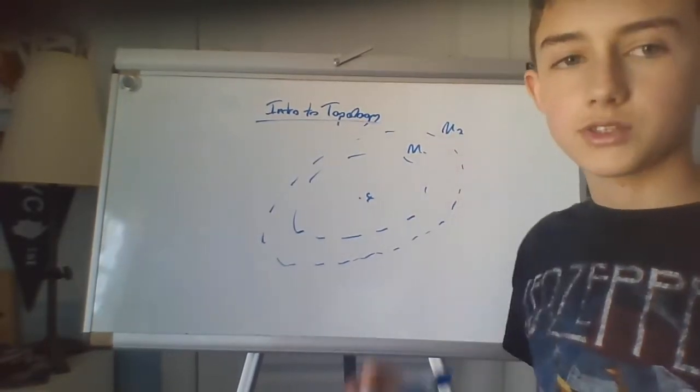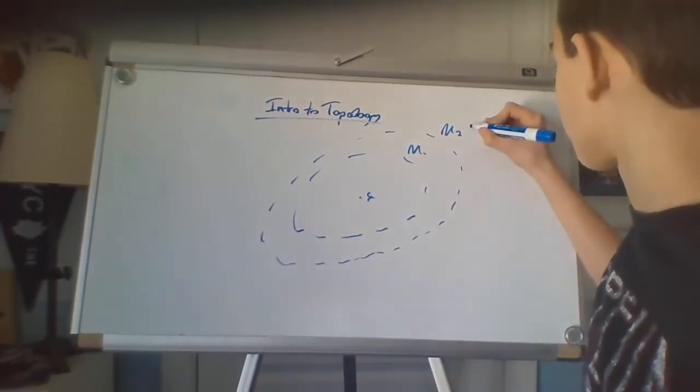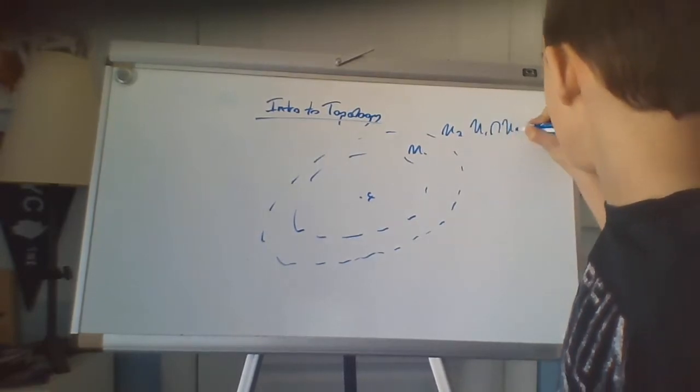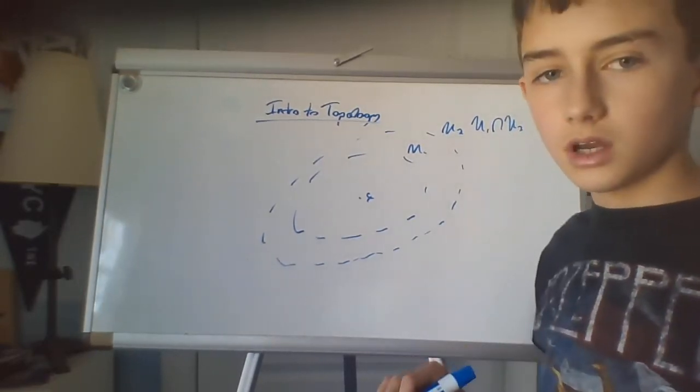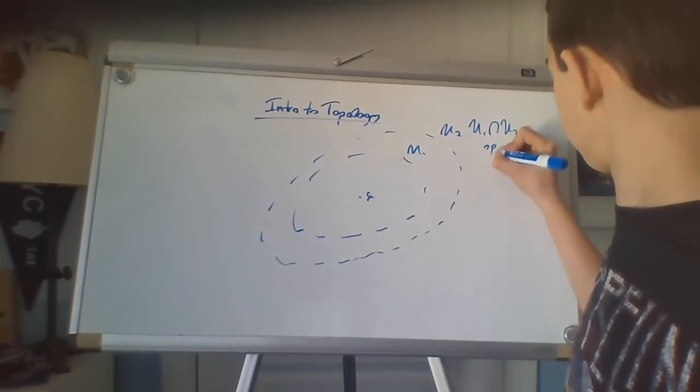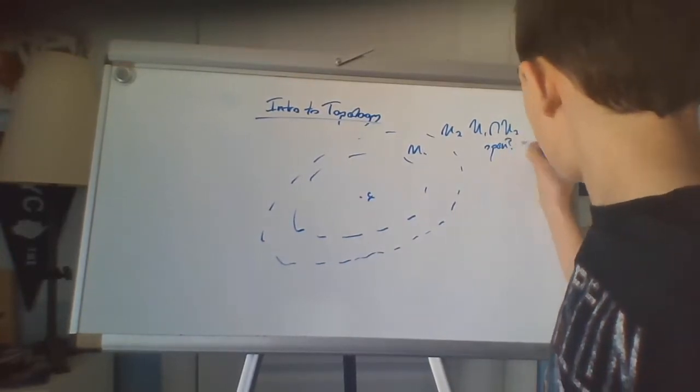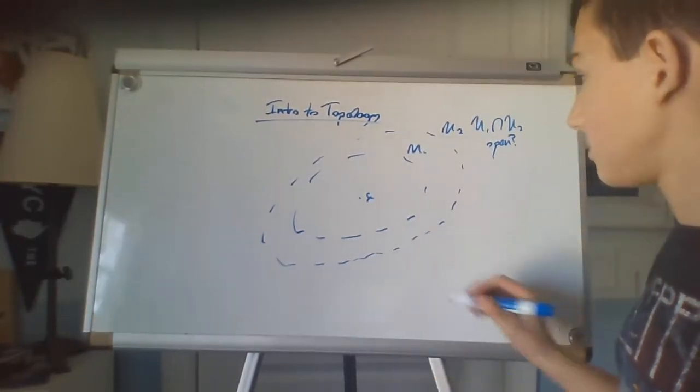Now let's address intersection. The question now is whether U1 intersect U2 is open. Once again, this is easy if we have countably many.